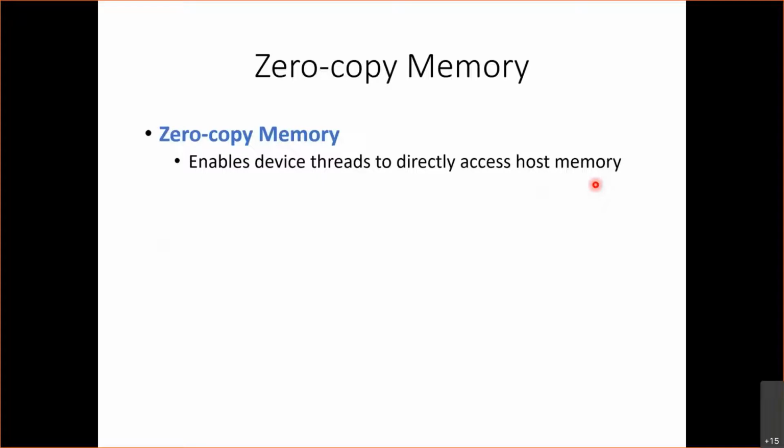Well, it turns out that we can use something called zero copy memory. And here, zero copy refers to the fact that we don't have to do any CUDA copies. Instead, we can have a thread that is running on the GPU access data that is in the CPU memory.